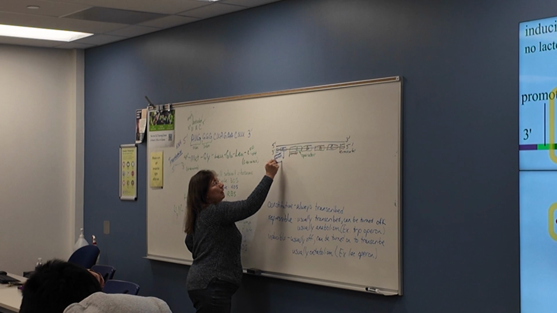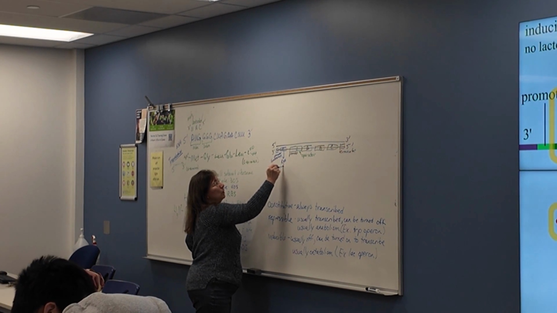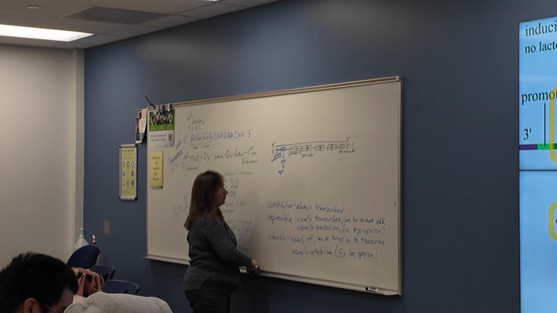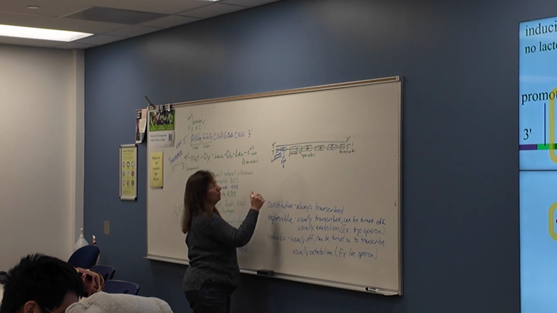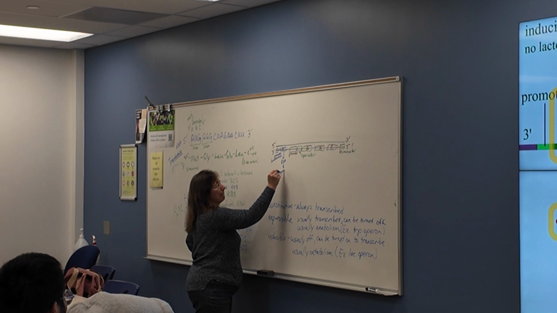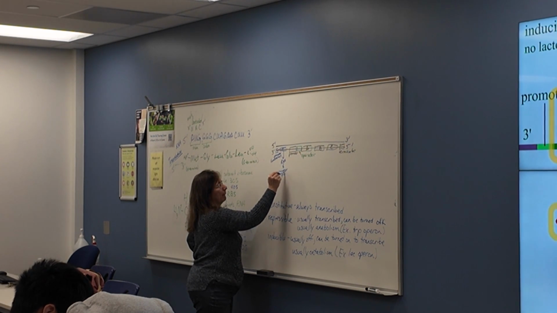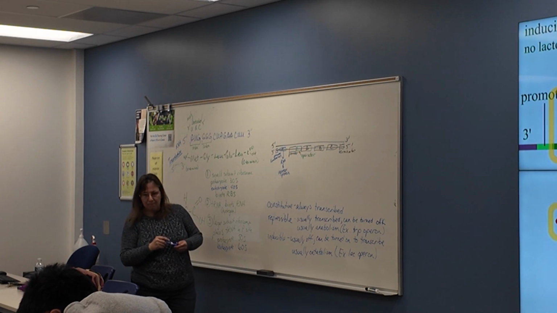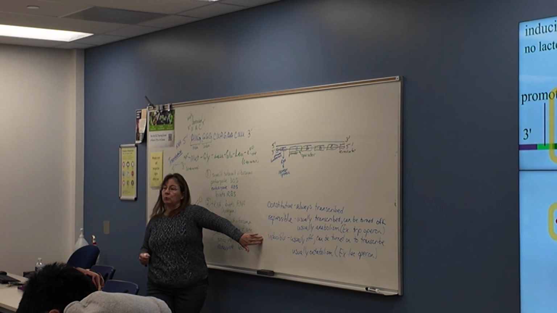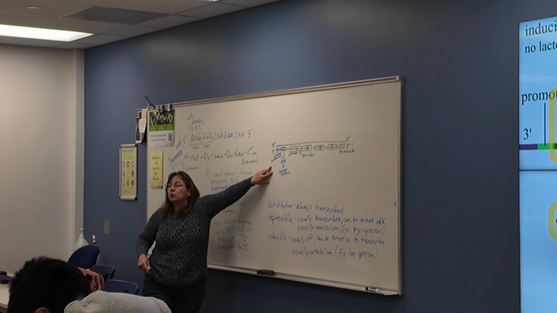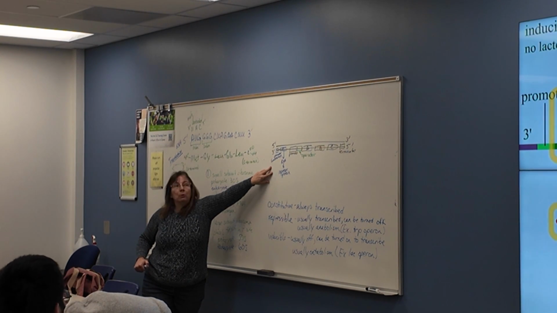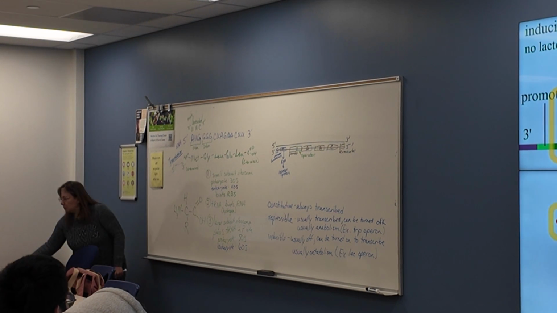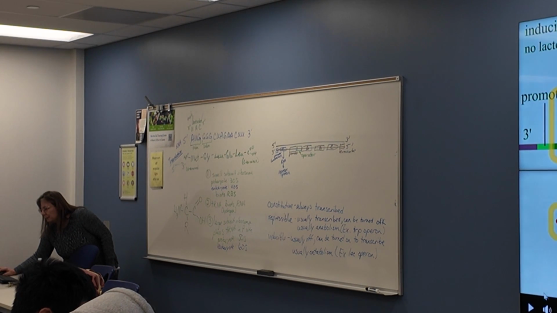And so it's always making RNA, which is then always making the repressor protein. So any operon that is repressible or inducible will have this associated regulatory protein. Okay, we'll watch the rest of this. It'll be a minute and a half.